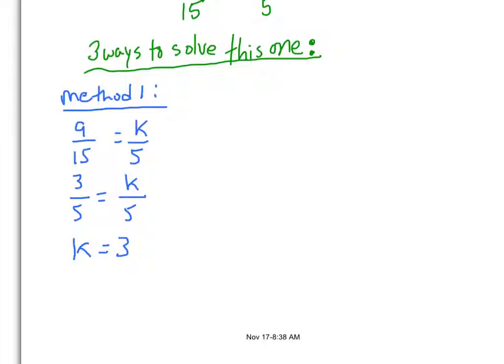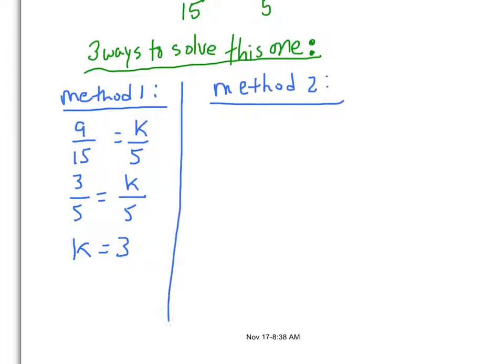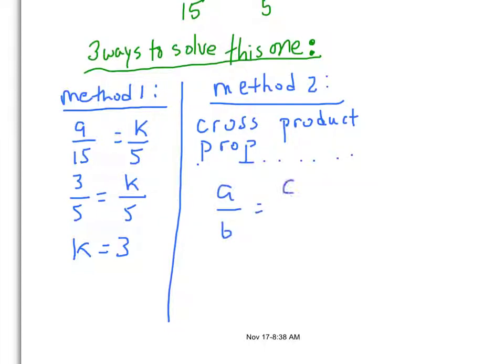All right, so method 2 would utilize something called the cross products property method. So when you have two equal fractions, a over b equals c over d, then what this property tells us will always be true, that a times d would equal c times b. So we can use that when we want to solve for an unknown.